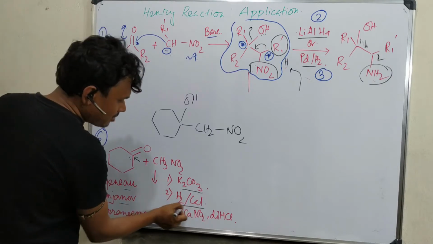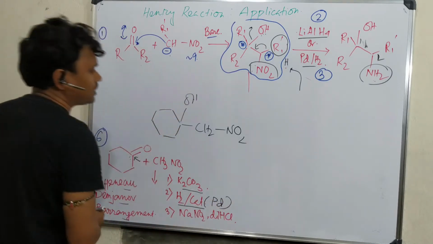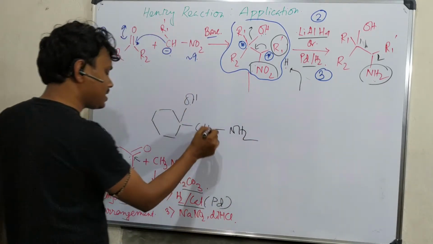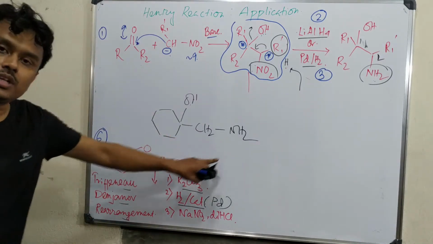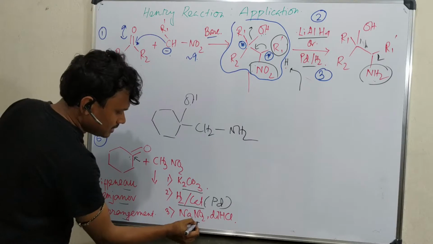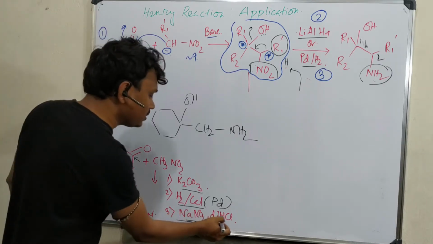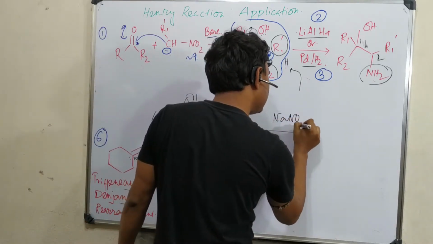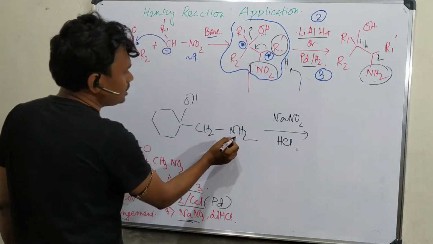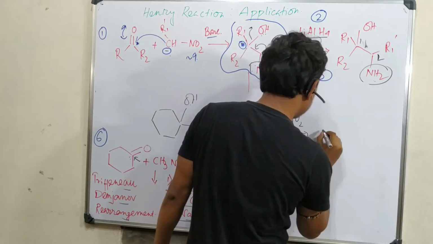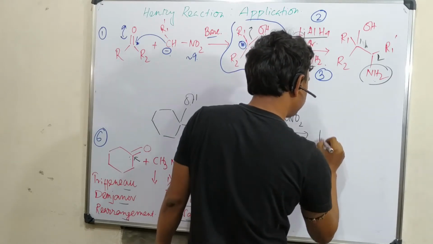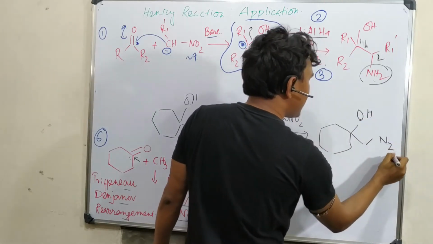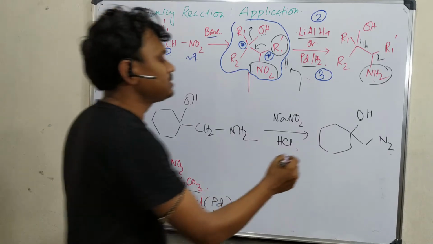So second step, it is hydrogen and a catalyst like palladium, this noble metal. So what happened? This NO2 will be reduced to amine. So if NO2 is reduced, now you can see it's a 1,2 diamino derivative. After that, this reacts with NaNO2 and dilute HCl. So what does this NaNO2 dilute HCl produce? It reacts with this to produce the corresponding diazonium salt, and this is OH, this is N2, and this is a very good leaving group.